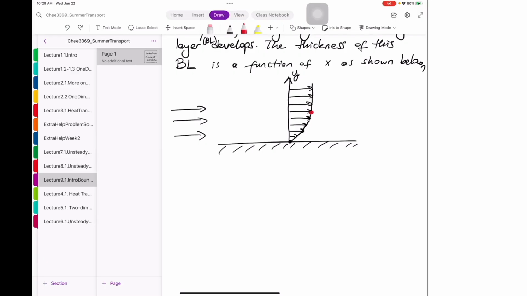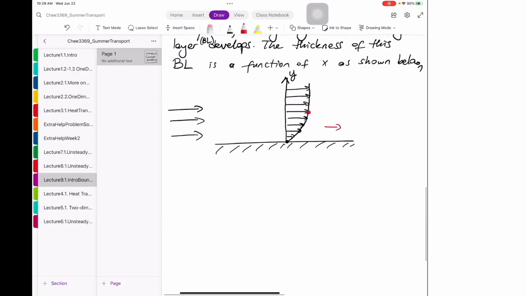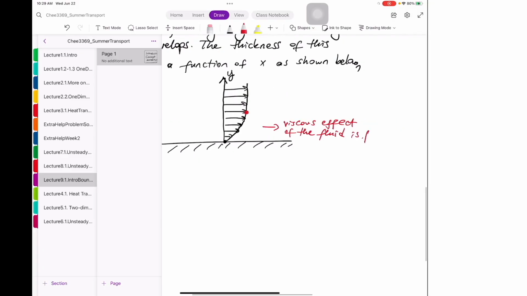tells us the interface of the boundary. Okay, where you have this viscous effect of the fluid is felt, but above this region, viscous effect of the fluid is not felt.